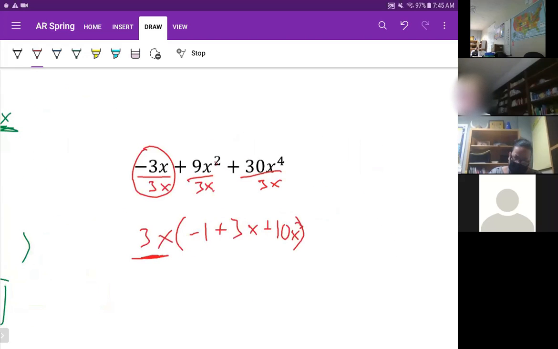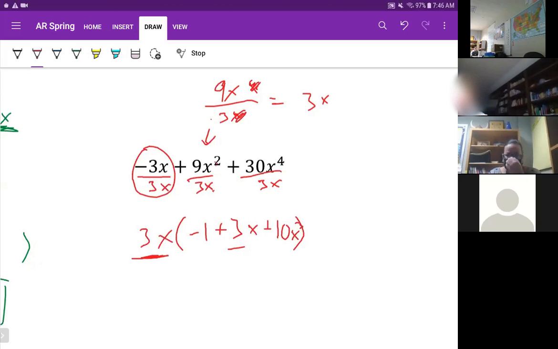So when you think about dividing like this one, what's really happening here is 9x x divided by 3x. So 9 divided by 3 is 3, and then these x's reduce, so you have 3x. That's why we got this here.